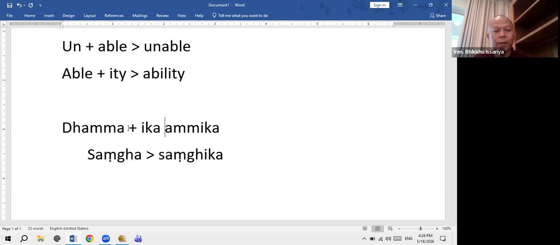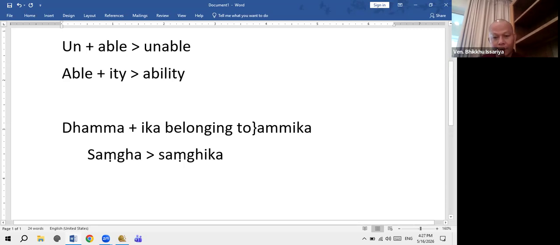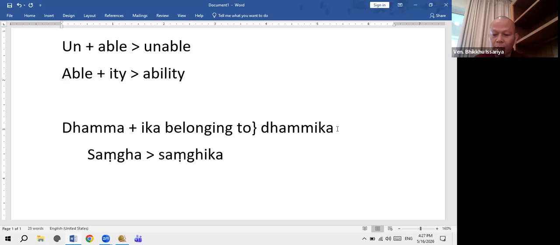So Ika means belonging to. So at that time, we have this word, Dhammika, belonging to the Dhamma.